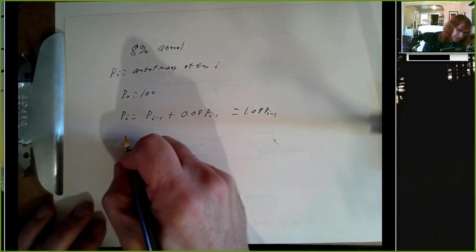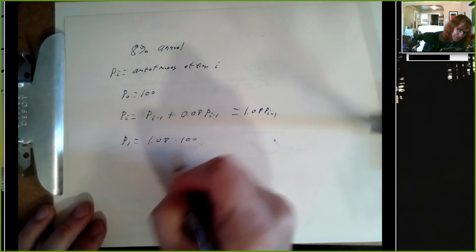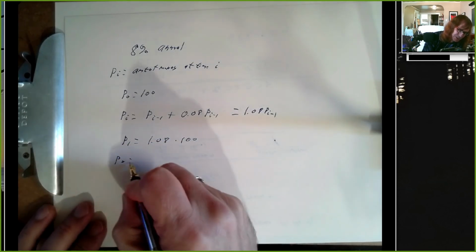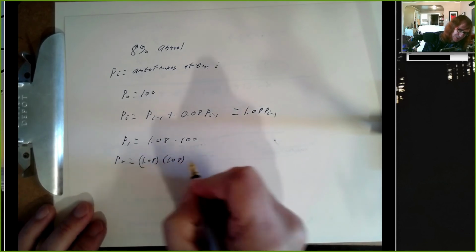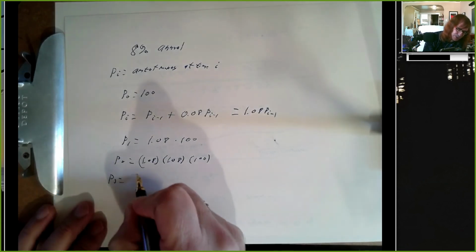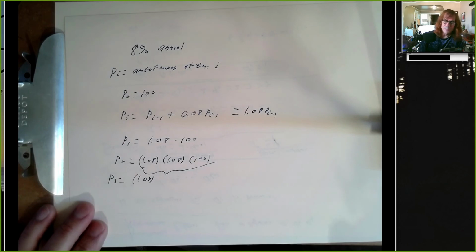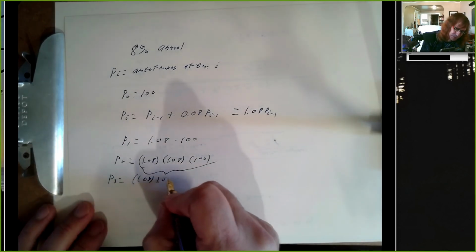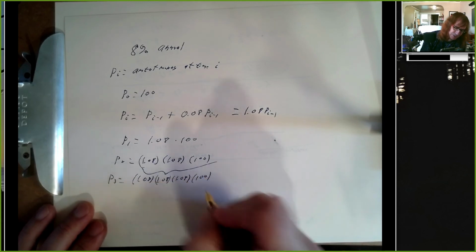So P1 is 1.08 times 100. P2 will be 1.08 times 1.08 times 100. P3 will be 1.08 times your principal at P2, which is 1.08 times 1.08 times 100.